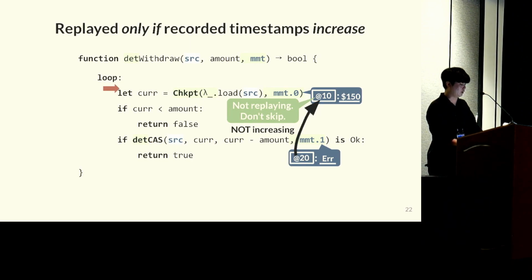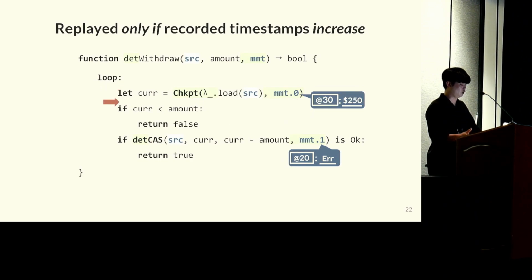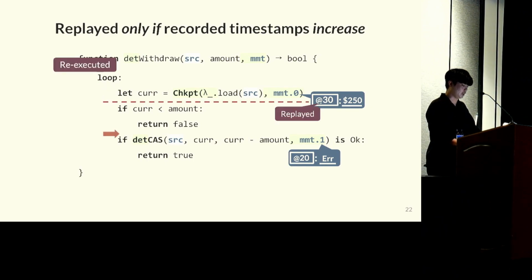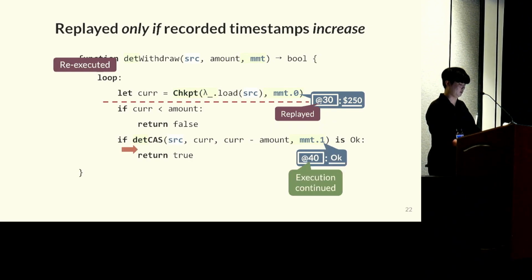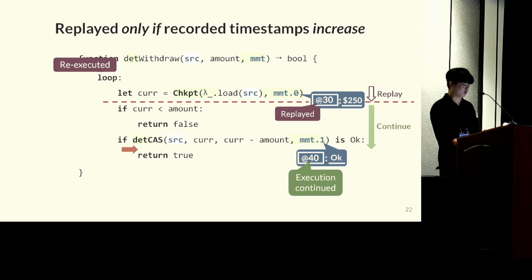When the checkpoint runs again, it overrides the new execution data into the Memento. After a crash, the checkpoint is replayed, but CAS is not, because the CAS Memento's timestamp is smaller than the last Memento's 30. So this CAS is actually executed. In summary, using timestamps allows us precise inference of crash points for accurate program replay and continuation.